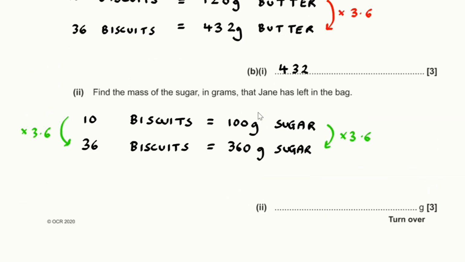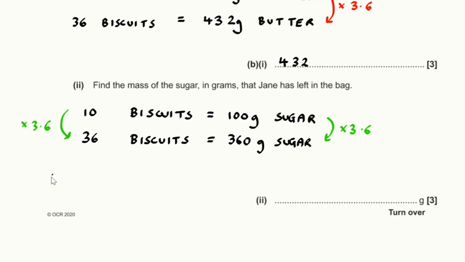So the sugar she's using comes from this bag, and therefore the sugar that we've got left in the bag, we can calculate. This is equal to 2,000 minus 360, which is 1,640. So this is the amount of sugar we've got left.